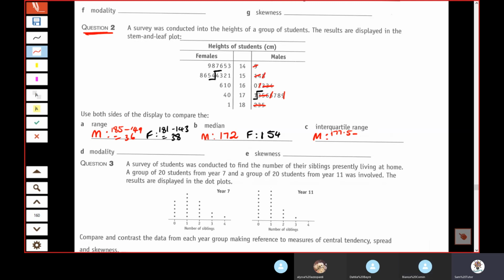Nope, I made a mistake. 1, 2, 3, 1, 2, 3. Cross out the 8, cross out the 3, 161. That gives you the male interquartile range, and then we'll do female.